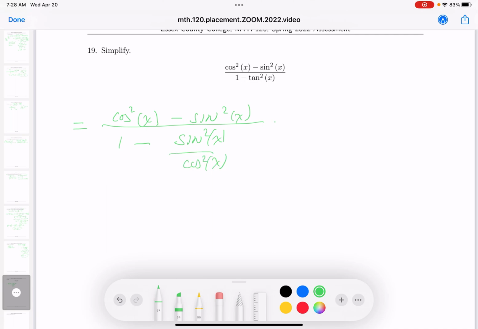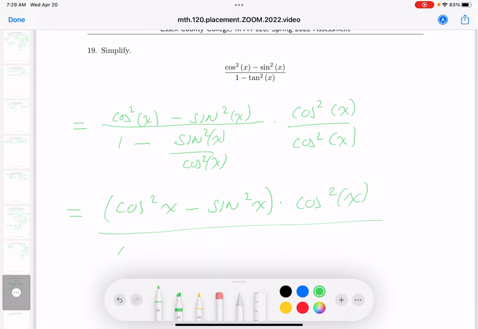I'm going to build this complex fraction away by multiplying top and bottom by the LCD. And what do you get over there? You get cosine squared x minus sine squared x times cosine squared x. And what do you get on bottom? You'd get cosine squared x minus sine squared x.